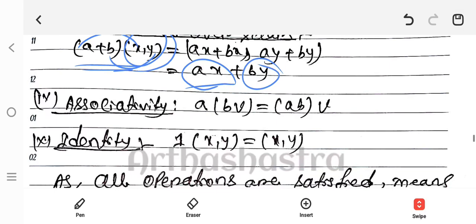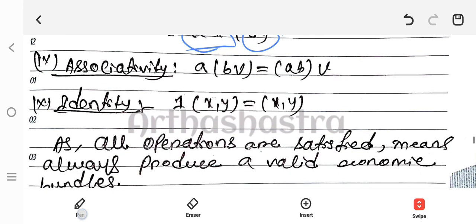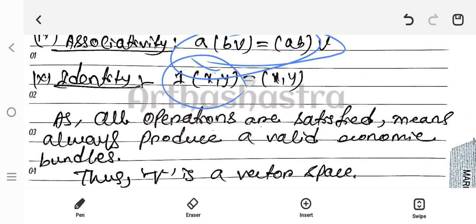So the combined investment effect is equal to the sum of the individual effects. So the distributive property over scalars also holds here. And for the associative property, we know that a times (b times vector v) we can write as (ab) times v, right? And the identity property: one times the vector gives (x, y).